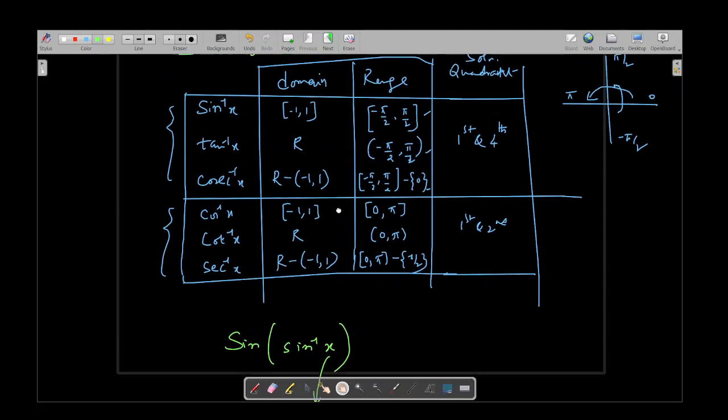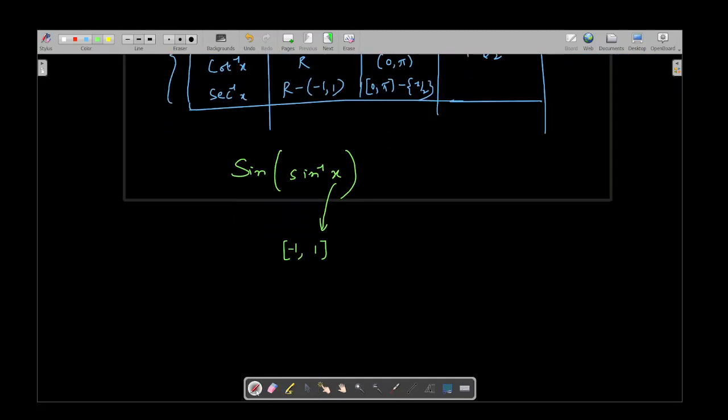The domain is -1 to 1. In the same way, if I write sine inverse first and sine x inside this, then here the x must belong to minus pi by 2 to plus pi by 2.